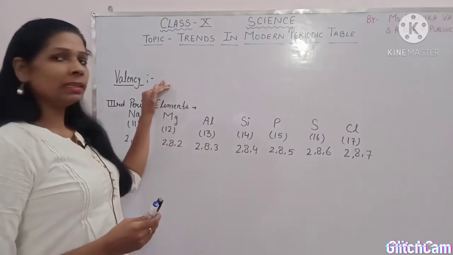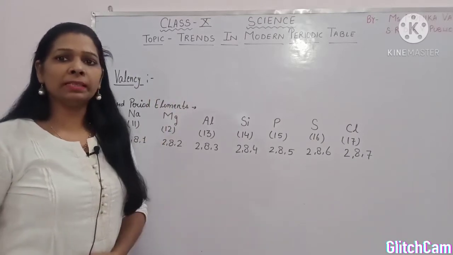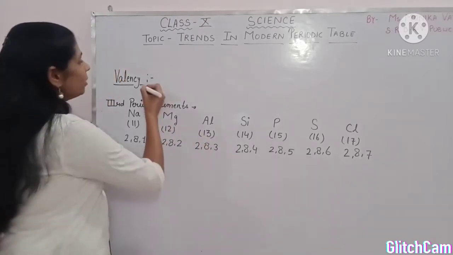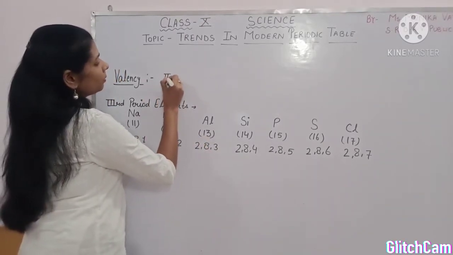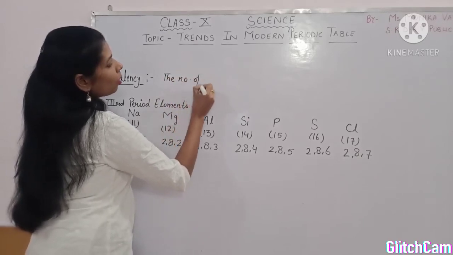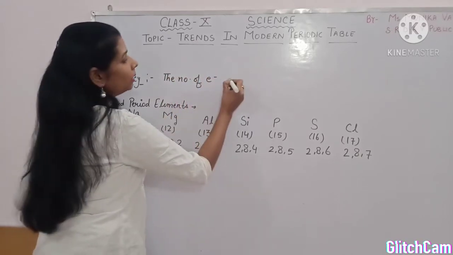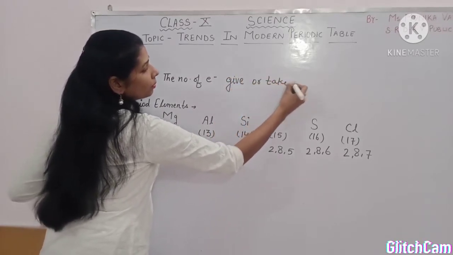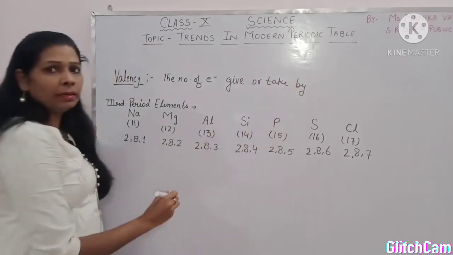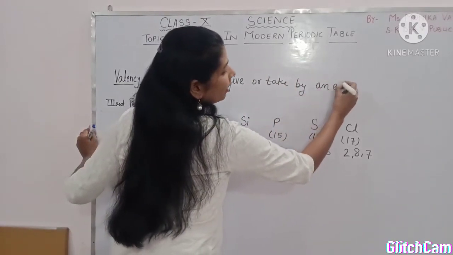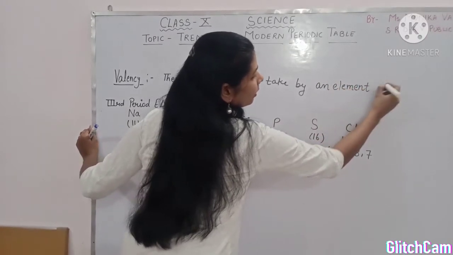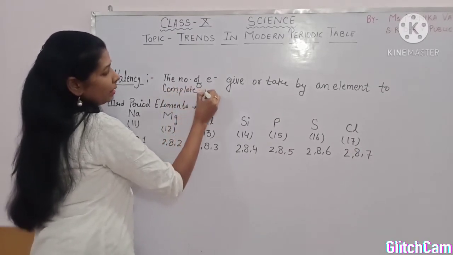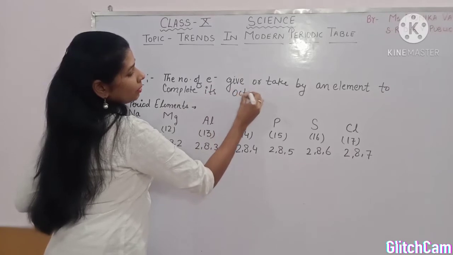Before discussing valency, you should know what valency is. You had already discussed it in your 9th class, but let me recall it for you. Valency is the number of electrons given or taken by an element to complete its octet.